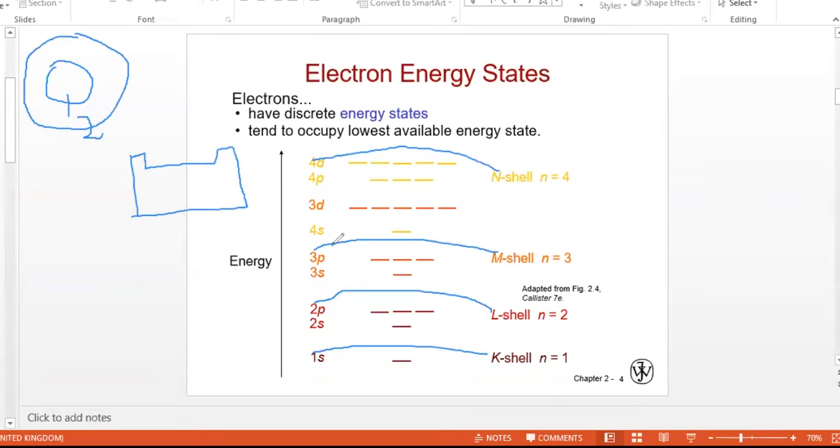Until this level, you are all fine: 1s, 2s, then 2p, 3s, 3p. But you would expect 3d to come here, and then only 4s.